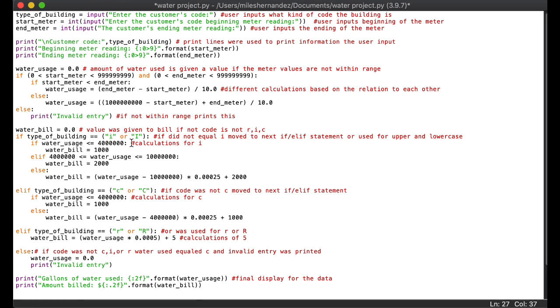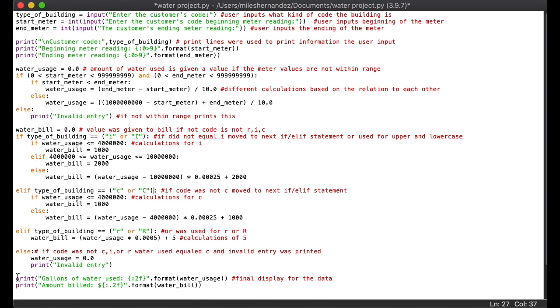But since it wasn't given an I, a C, or an R, it would have to be an invalid entry with the water usage equaling 0. So that's why we gave it that.